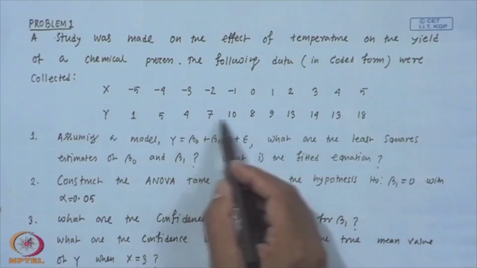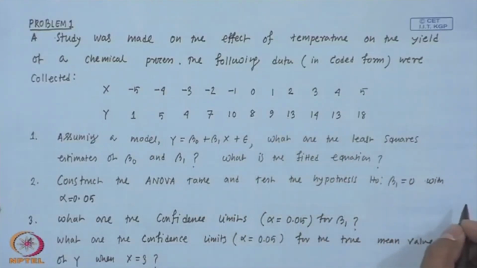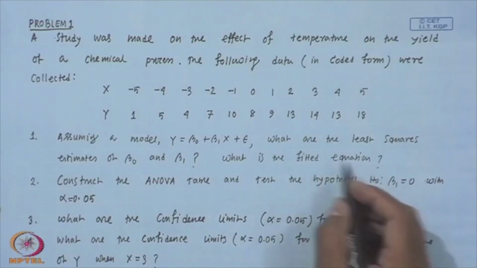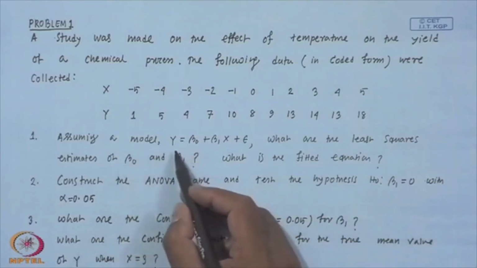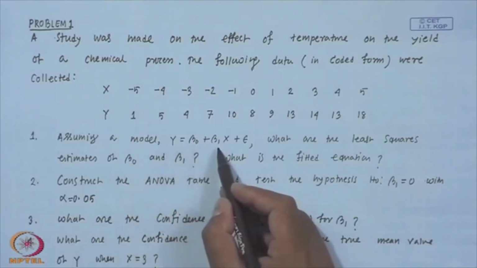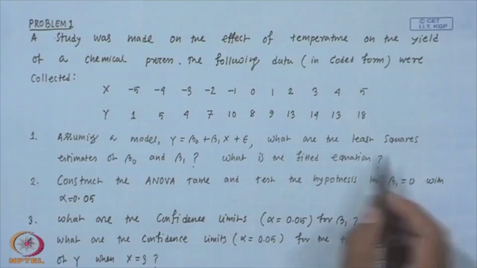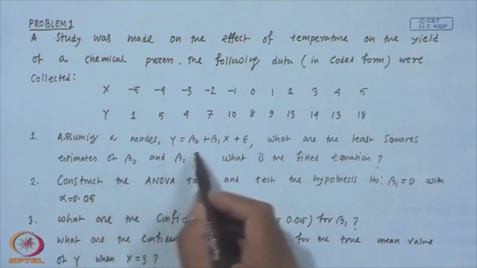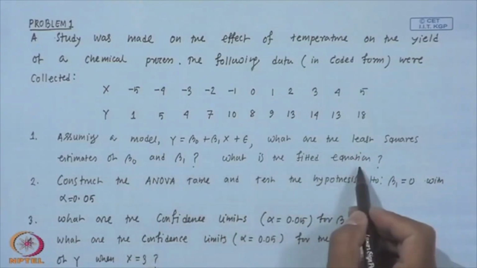So, we are given 11 observations here. Okay. So, the first question is quite straightforward. The first question is, assuming a model like y equal to beta naught plus beta 1 x plus epsilon, what are the least square estimates of the regression coefficients beta naught and beta 1, and what is the fitted equation?